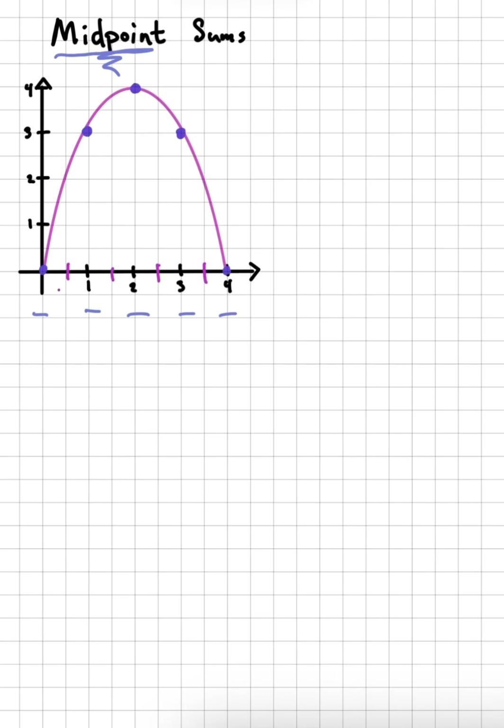For the first rectangle, we have to find the midpoint between 0 and 1, which is 1/2. For the second one, we have 3 halves in between 1 and 2. For the third one, we have 5 halves in between 2 and 3. And in the fourth one, we have 7 halves in between 3 and 4.